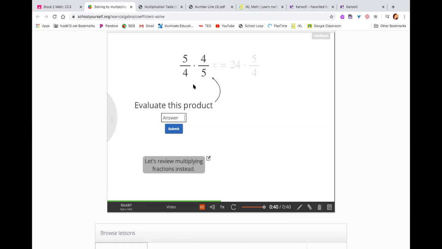Do the 5s cancel out if I have 1 on top and 1 on the bottom? So we're trying to solve this, right? And I have 5/4 times 4/5. Cross off the 5s, thank you.